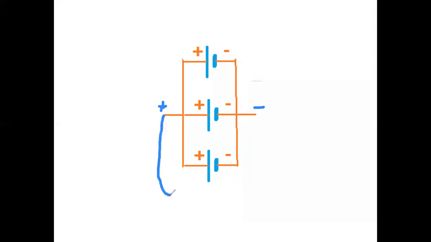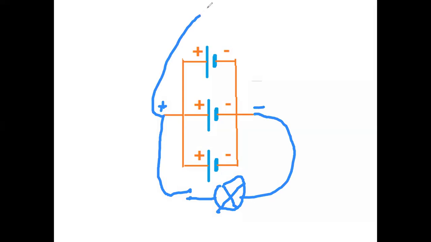How do we connect something to this? This way, we will have one switch. This is the switch, and the component which has to be operated using this combination is connected to this. If you connect a voltmeter in the circuit, that voltmeter will show 3 volts.